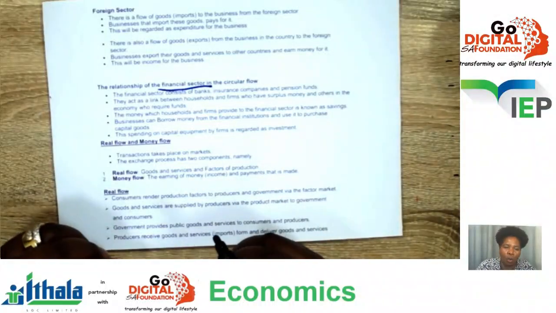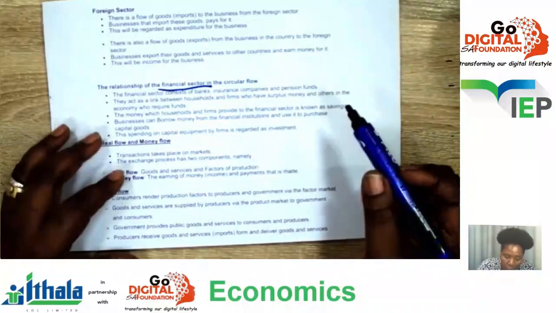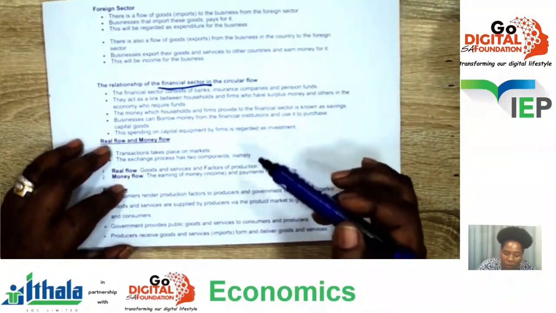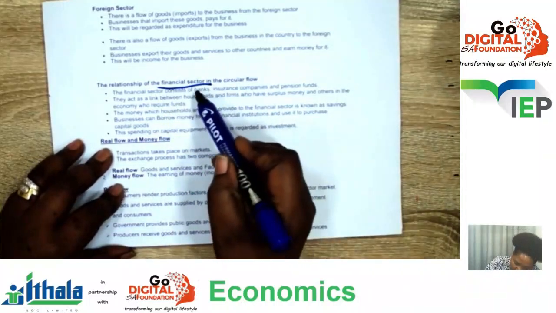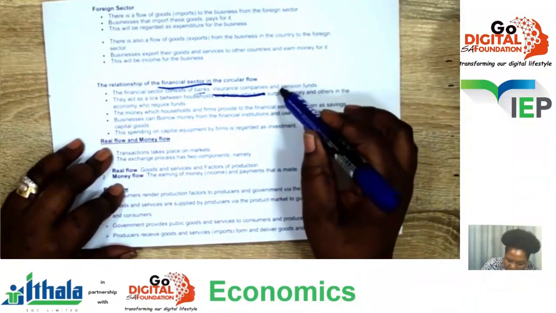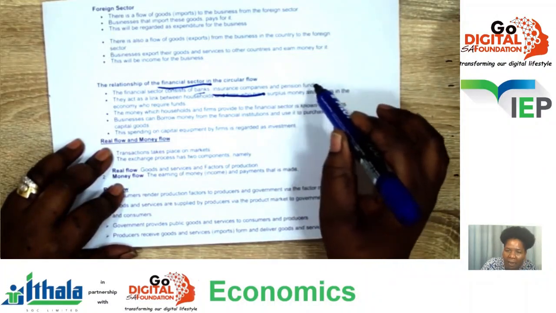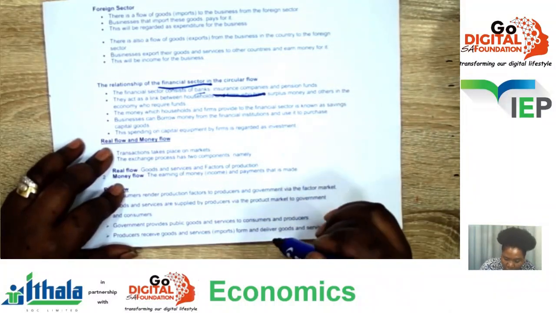When the government or industries pay us, the money goes to the bank. So all those belong to the financial sector. It's not only the banks, it's banks, insurance companies, and all other funds that are there. They are kept in the financial institution.